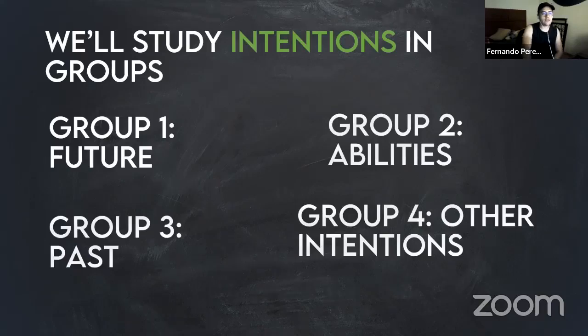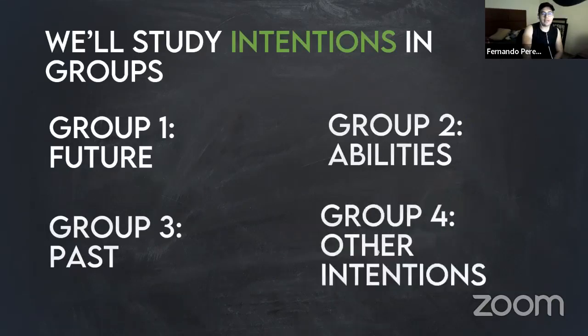And group number 4, other random intentions that we have in the list. Modals express different times. Sometimes it's for future, sometimes for present, sometimes for past, and they have different applications. We are going to study the principal ones.